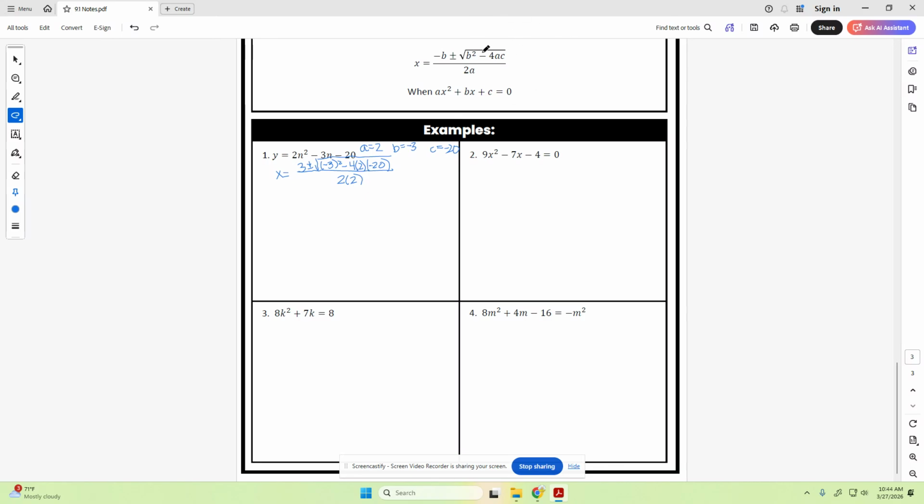Now, I'm going to go back up here. This part right here, the part that's underneath the square root, is called the discriminant. The main thing that's important is that whatever this value is underneath the square root, when we simplify all of this, it needs to be a positive value. When you get into higher levels of math, you'll talk about what to do when this comes out negative.